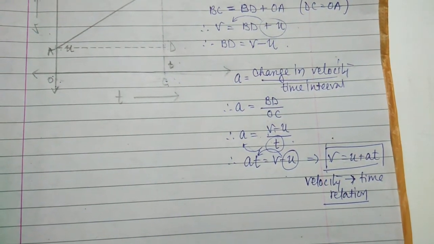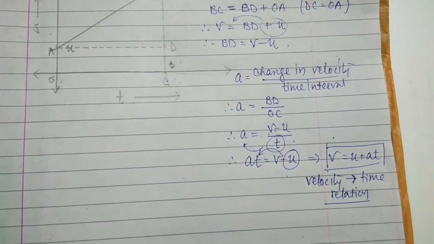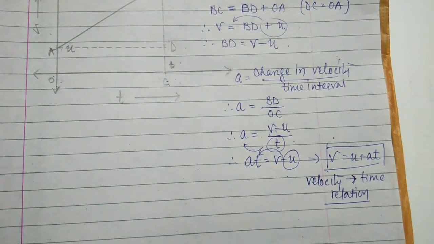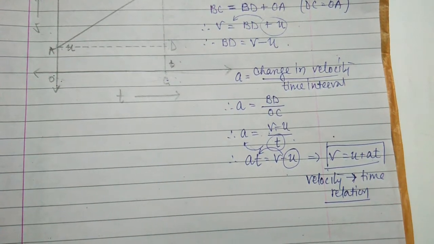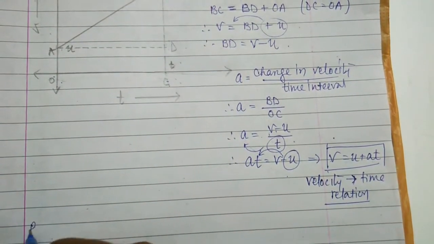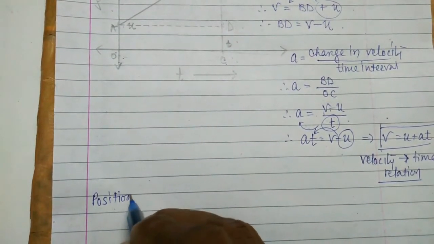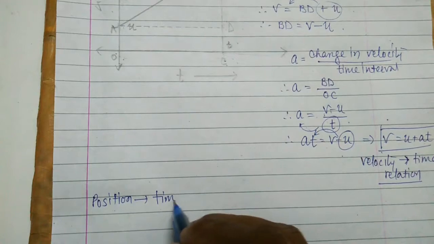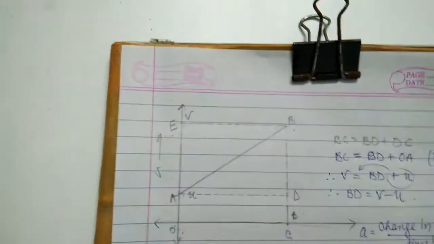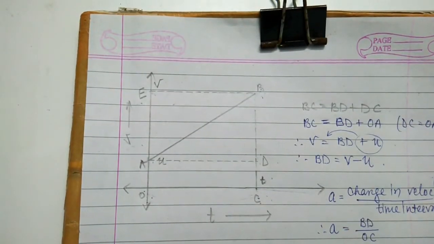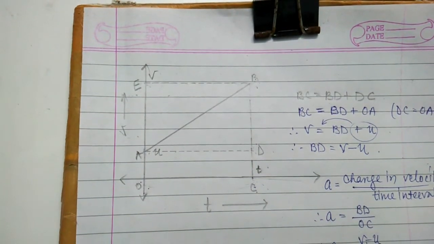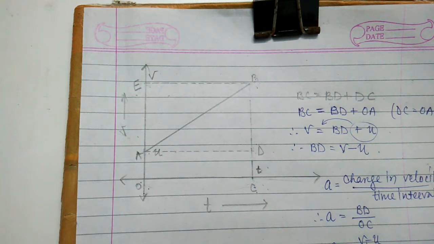Now, the other relation is position to time relation. So we have the same graph here. We have the same description of this graph, just as we have discussed earlier. So consider that the object has traveled a distance s.